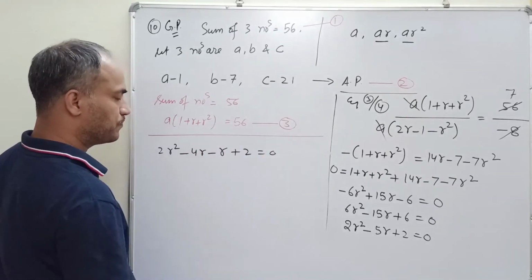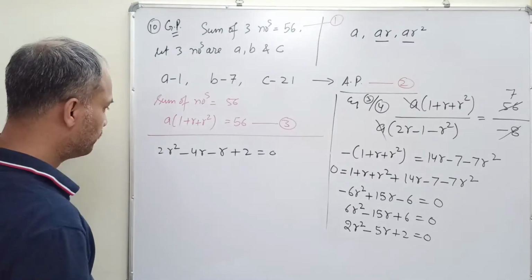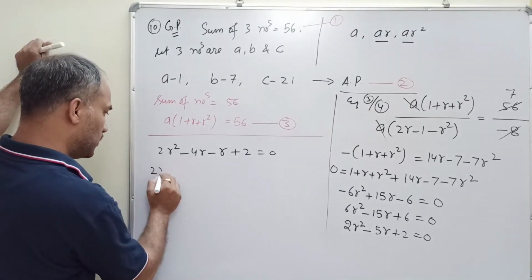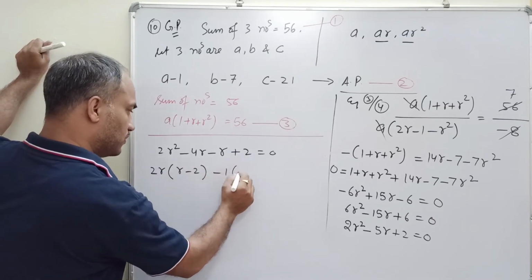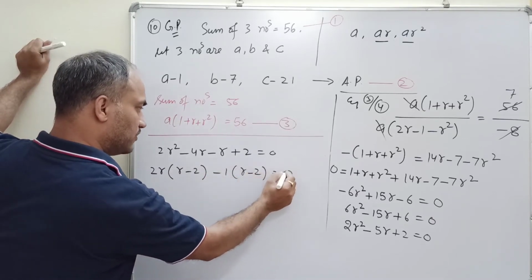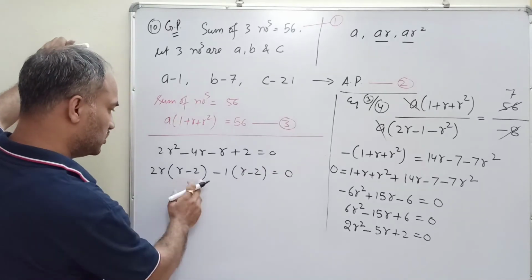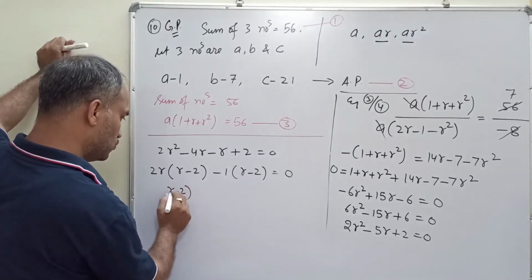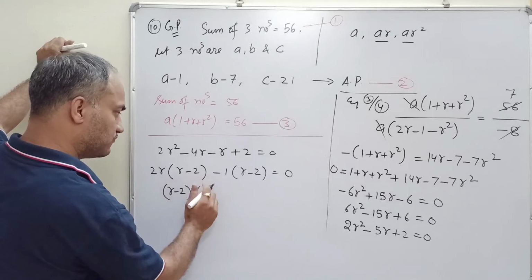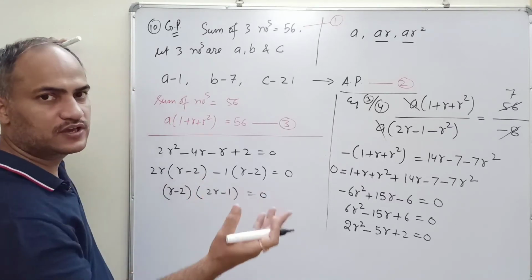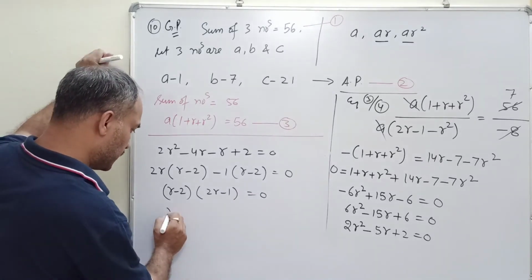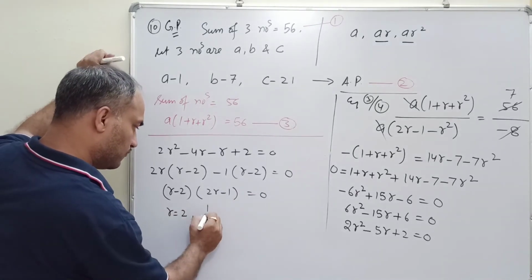Now we take common between these two: 2r is common, so r minus 2. Here also minus 1 is common. Then we get r minus 2 and 2r minus 1 equal to 0. So clearly from here we get two values of r: r is 2 and 1 upon 2.